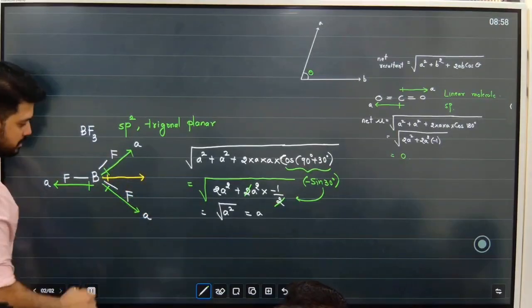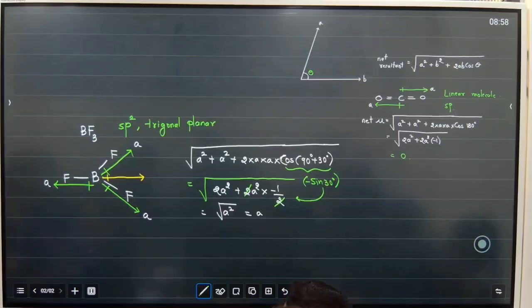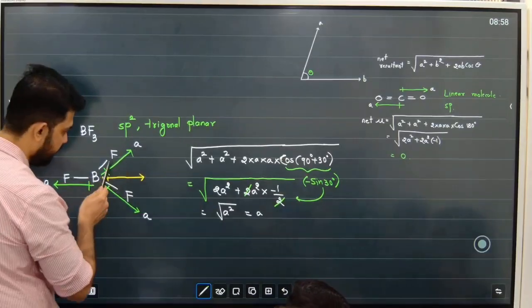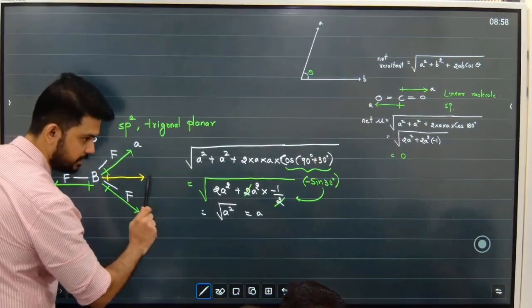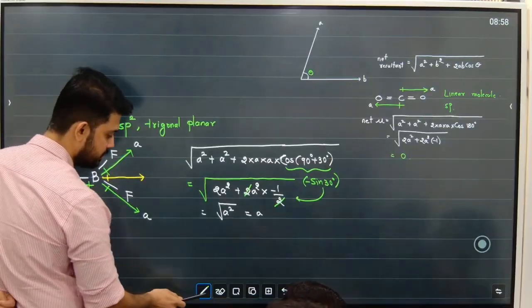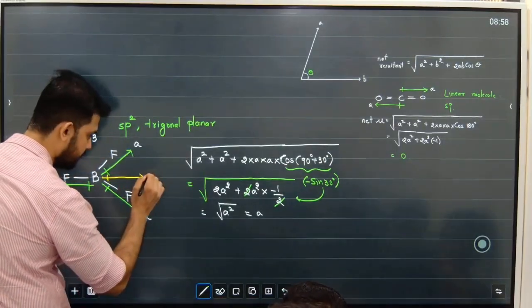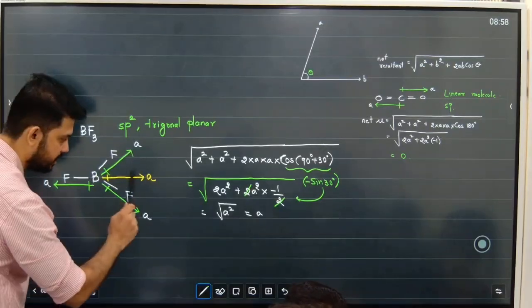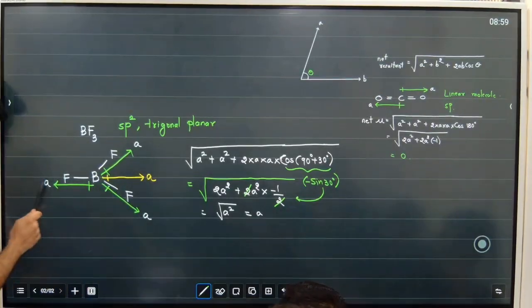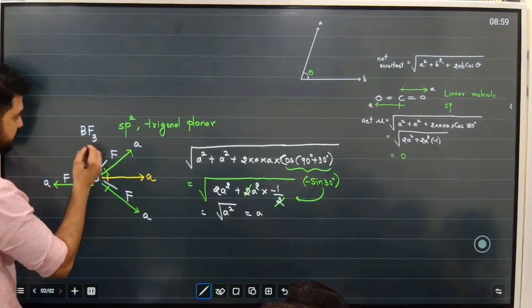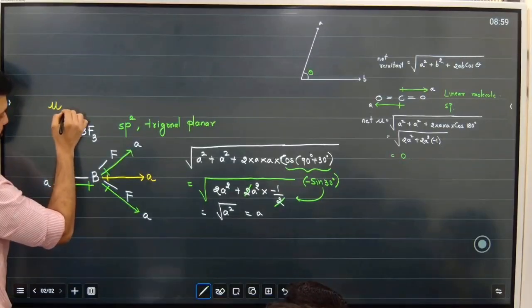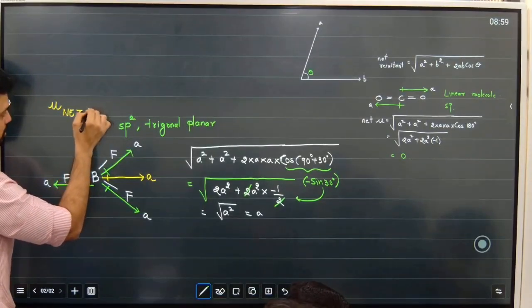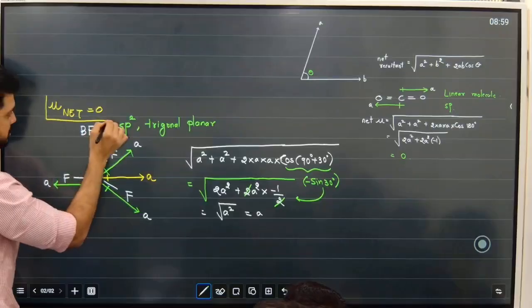I don't know if you got that. I repeat, for this A and this A, this is the net resultant. And the magnitude of this net resultant is also A. Now this net resultant A and this other A will cancel each other, and the net dipole of BF3 is also 0.